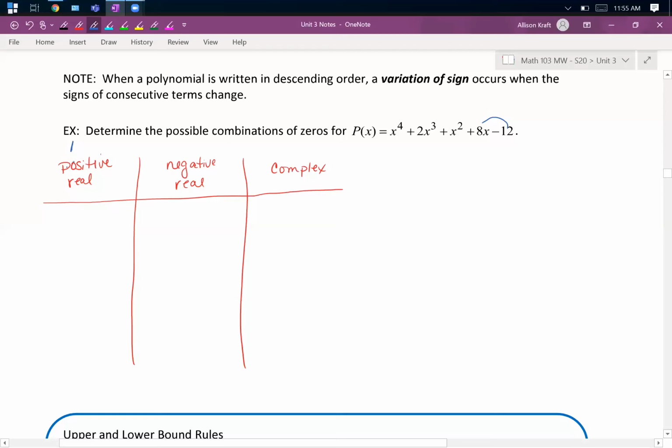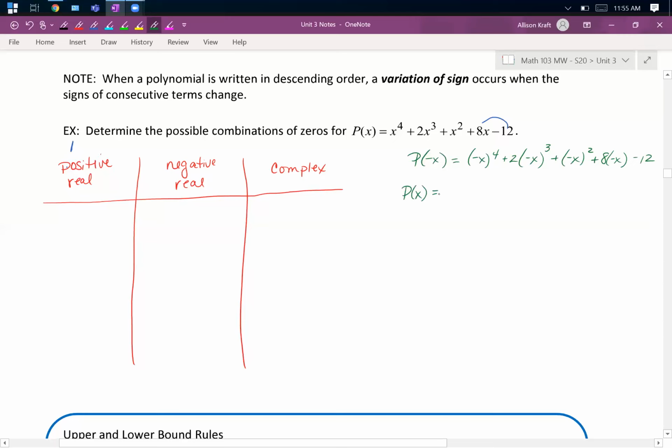Now we want to move on and do the same kind of thing for negative real zeros. Our rule says we need to take a look at P of negative x and count its sign changes to make some decisions about negative real zeros. So we'll start by plugging in negative x, and then we want to clean it up.